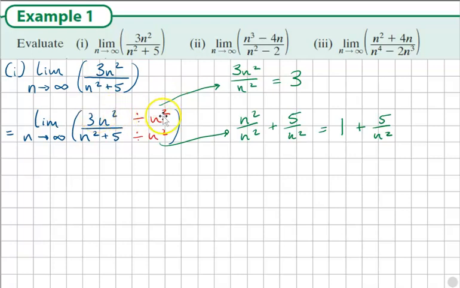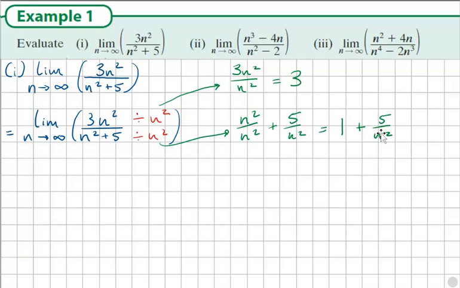If we just focus on the top, 3n squared divided by n squared, the n squareds will cancel and leave us with 3. So that 3n squared will just become 3. And then n squared divided by n squared, anything divided by itself is 1. And then 5 divided by n squared is going to be 5 over n squared, which is what we want.